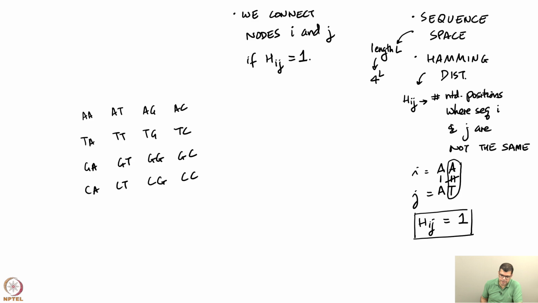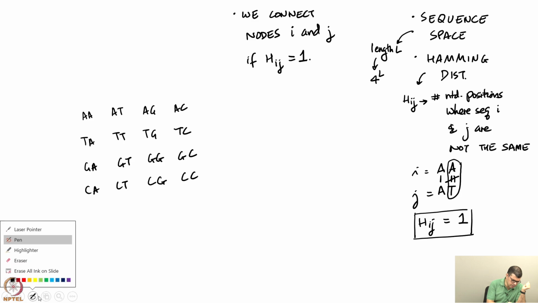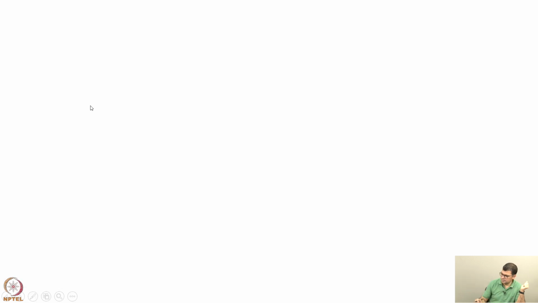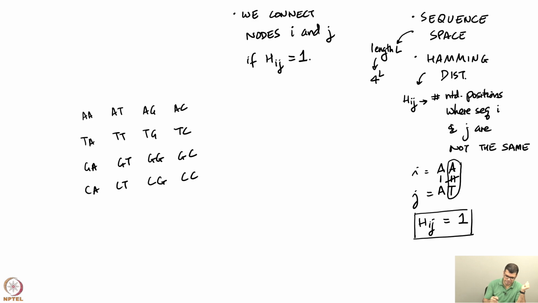What we need to identify is every pair which is one Hamming distance away from each other, and should that be the case, then we join the nodes with an edge. So let's do this, but let's first make these nodes.